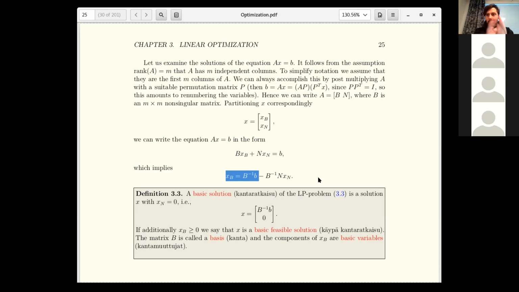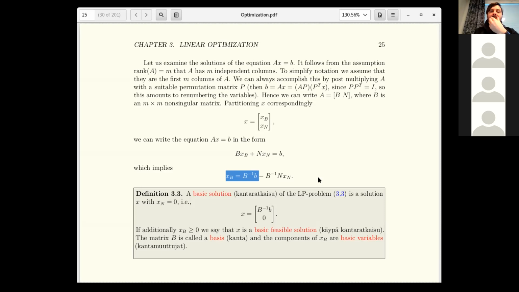By rearranging the columns of A or the variables of X, if we pick a suitable subset of those columns, so that there are as many of them as there are rows in our constraints, then simply by solving this equation, we can solve the problem. All right.